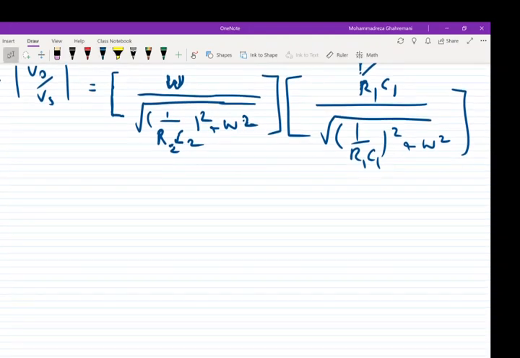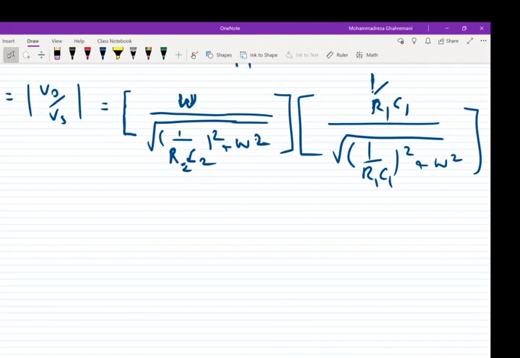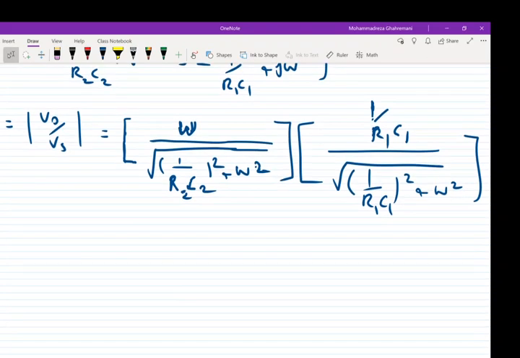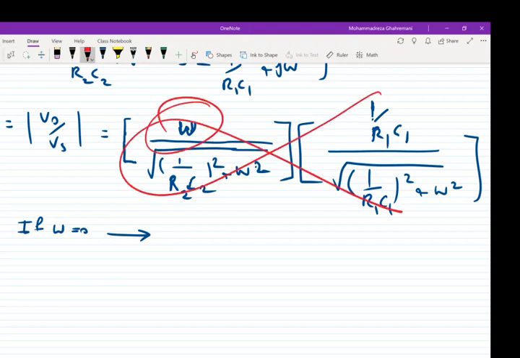Now that we have this gain, we need to discuss the characteristic and find the different parameters. If the frequency is 0, this value is 0, so the entire gain will be equal to 0.